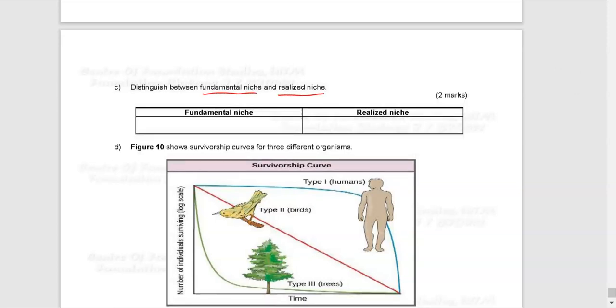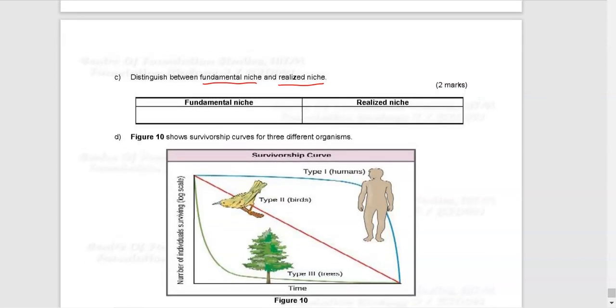Again, this question has also been discussed earlier. Fundamental niche is the niche potentially occupied by the species, and realized niche is the niche actually occupied by the species. So fundamental niche is the role of the organism as a whole without any competition from other species, kan. So how much area it can actually occupy, how many types of food sources it can eat, without any presence of competition. That is fundamental niche.